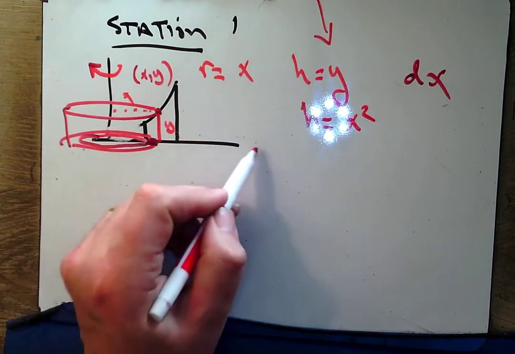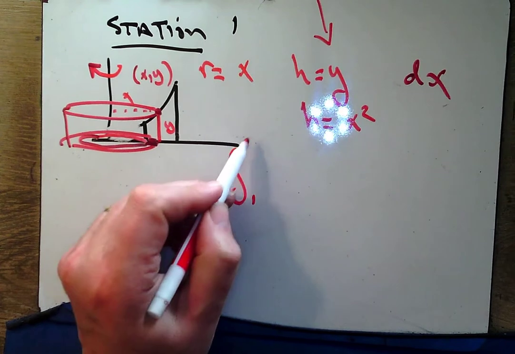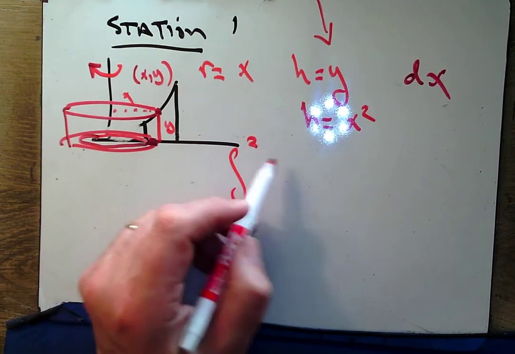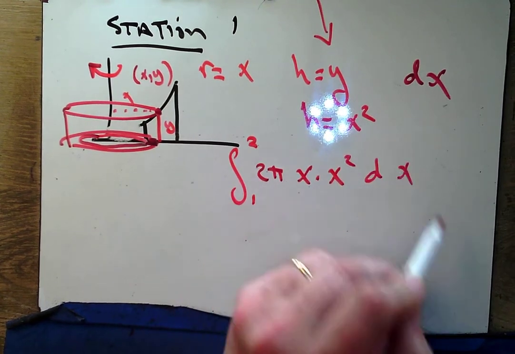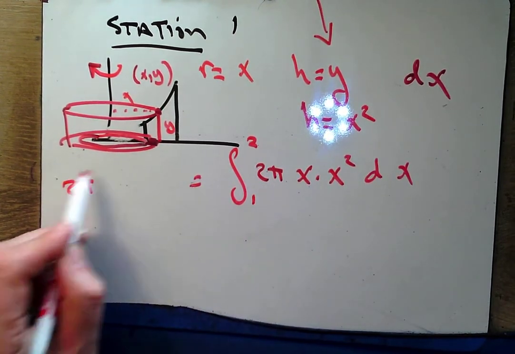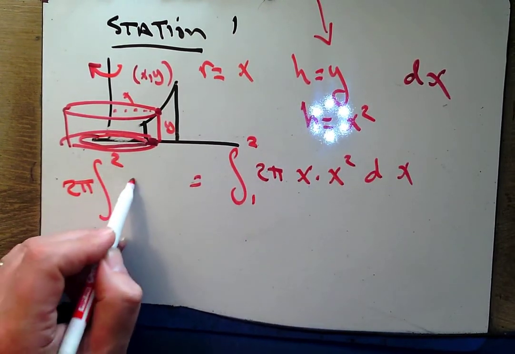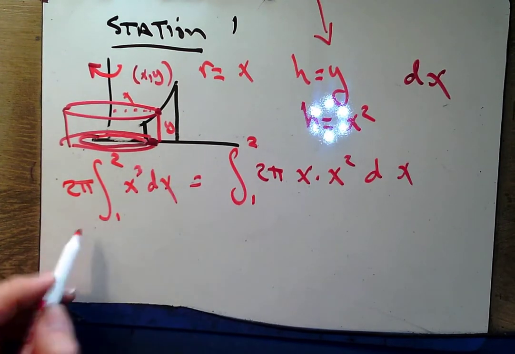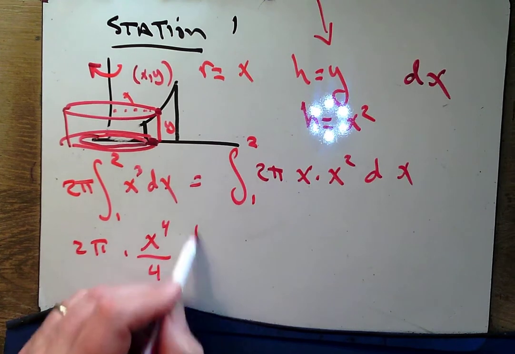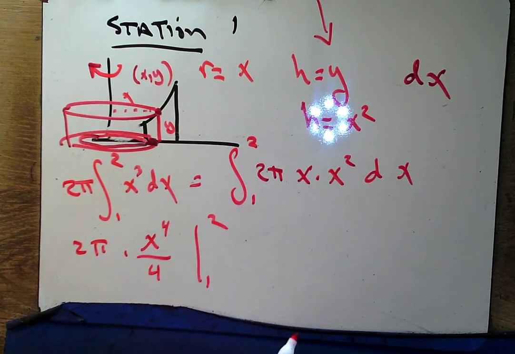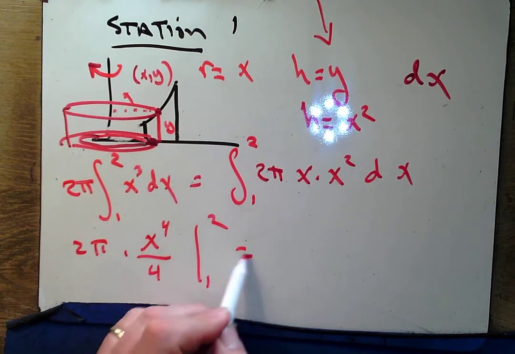So we're doing shells. We should have the integral from 1 to 2 of 2 pi x times x squared dx, or 2 pi integral 1 to 2 of x to the third dx. Well, that's a pretty fast x to the fourth over 4 antiderivative that we'd like to evaluate from 1 to 2.